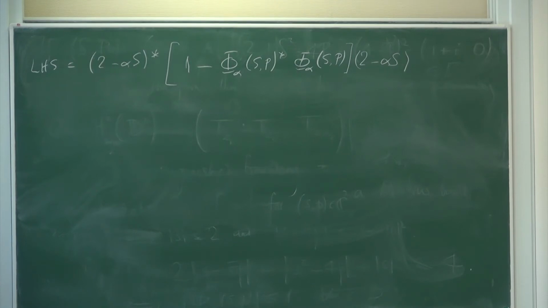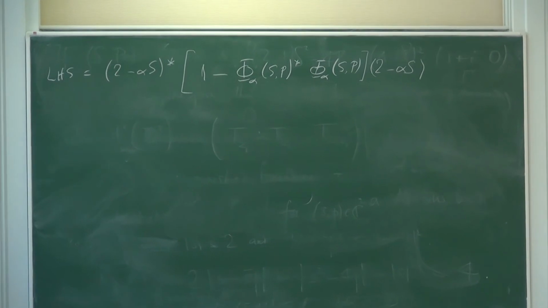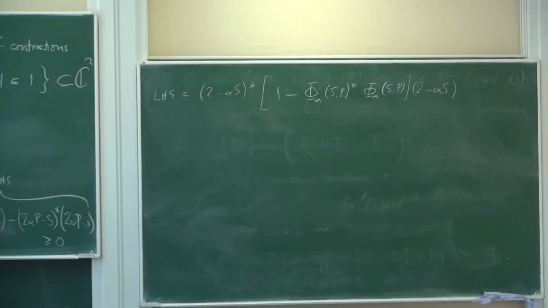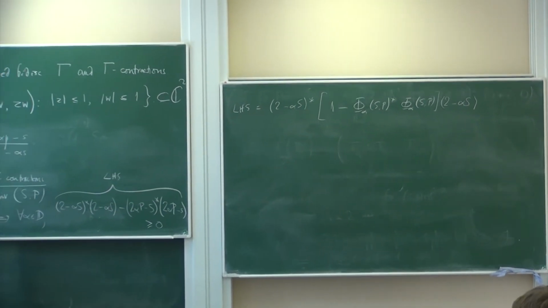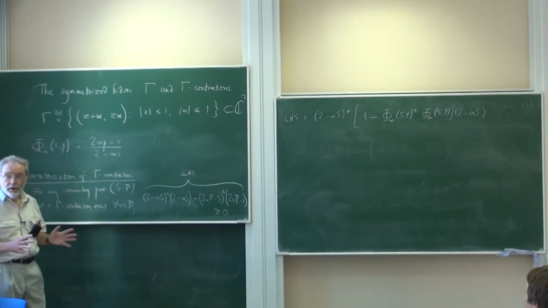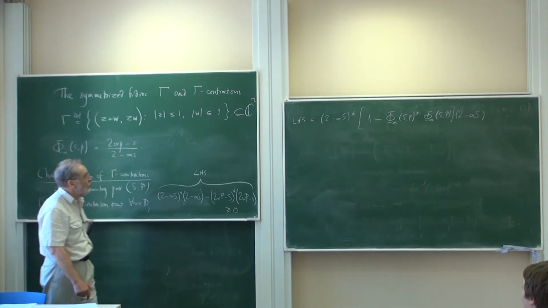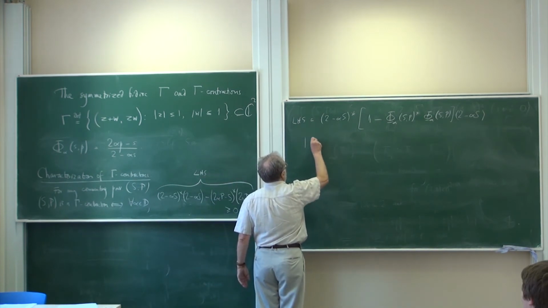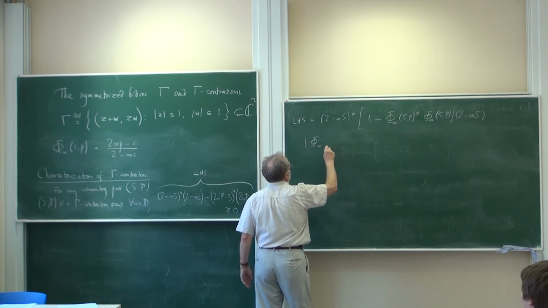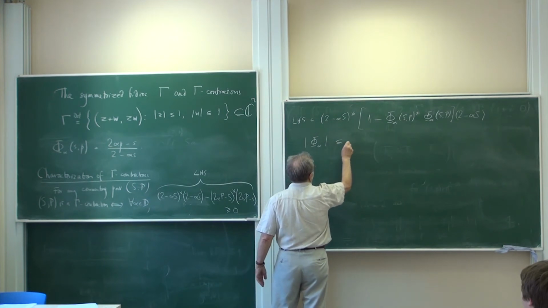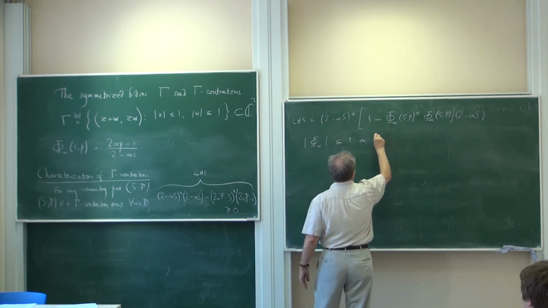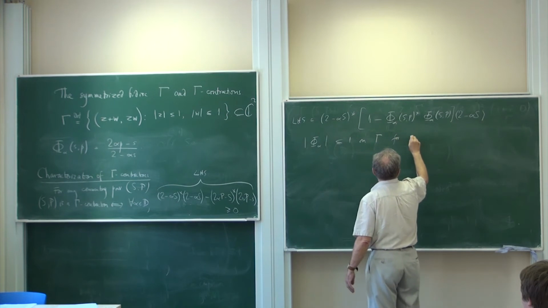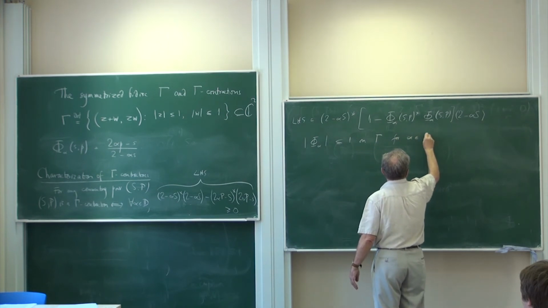Now, phi_alpha is analytic for mod alpha less than 1. It's analytic in a neighborhood of gamma, and it's bounded by 1 on gamma, for alpha in the open disk.